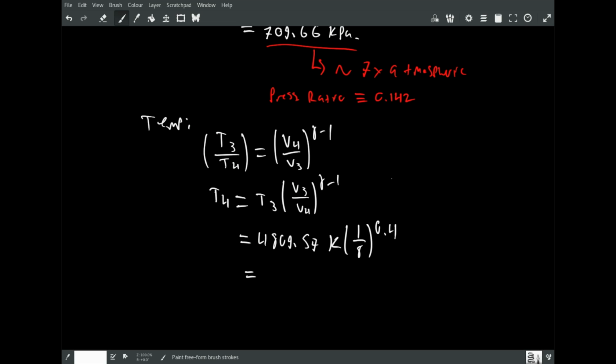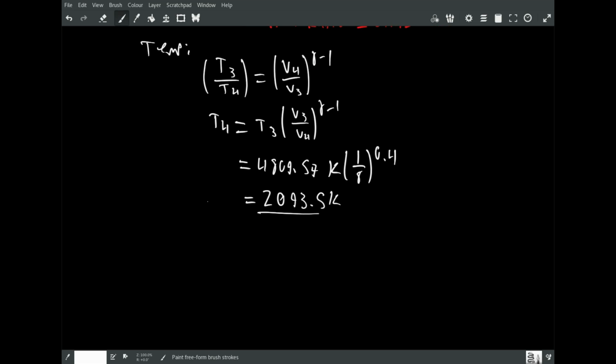Our final temperature T4 is going to be 2093.5 Kelvin. So there's our temperature at 4. Now we know the temperatures and pressures at all the points on that Otto cycle. So I'm just going to draw this here quick. We know point 1, point 2, point 3, and point 4 on this pressure-specific volume curve.